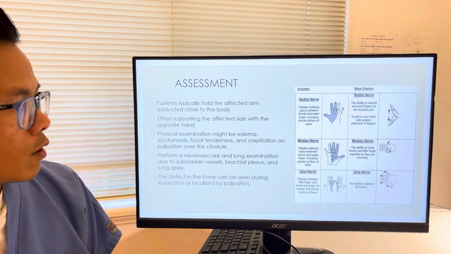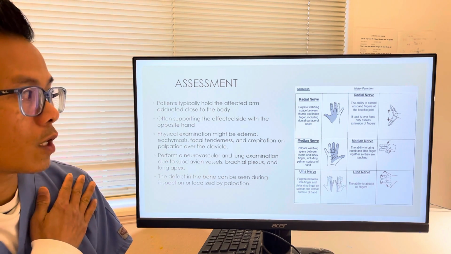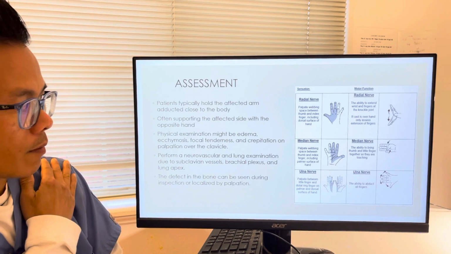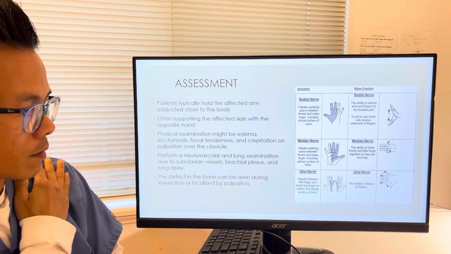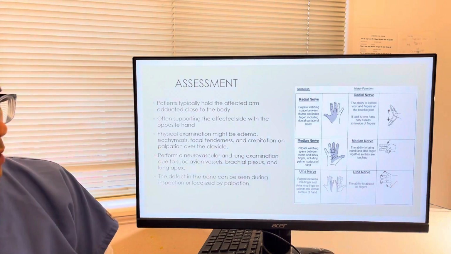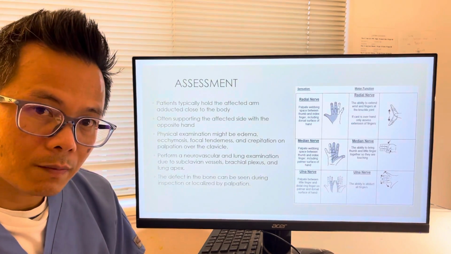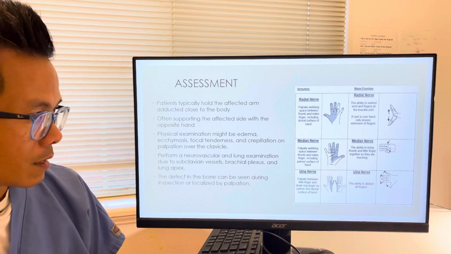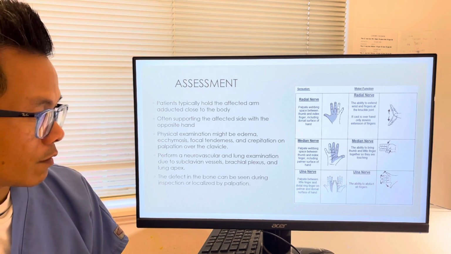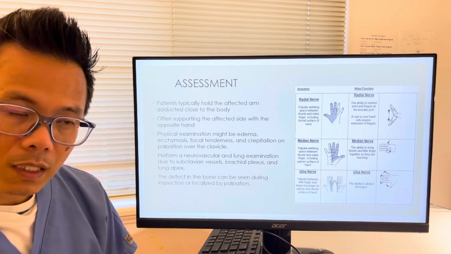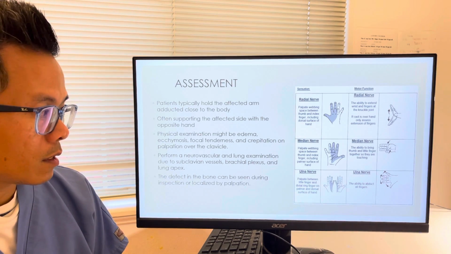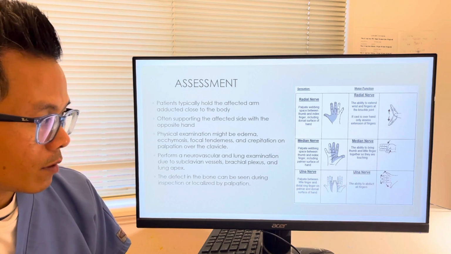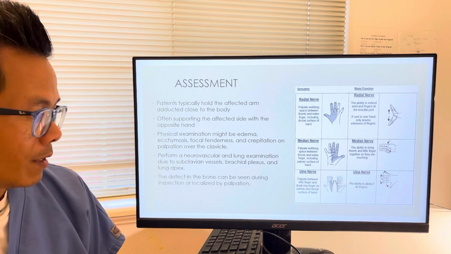The patient typically holds the affected arm adducted close to the body, and often they support it with the opposite hand because of pain. On physical examination, sometimes we can find edema, ecchymosis, focal tenderness, crepitation or bulging over the clavicle. We must also perform a neurovascular and lung exam, due to the subclavian vessel, brachial plexus, and lung apex.